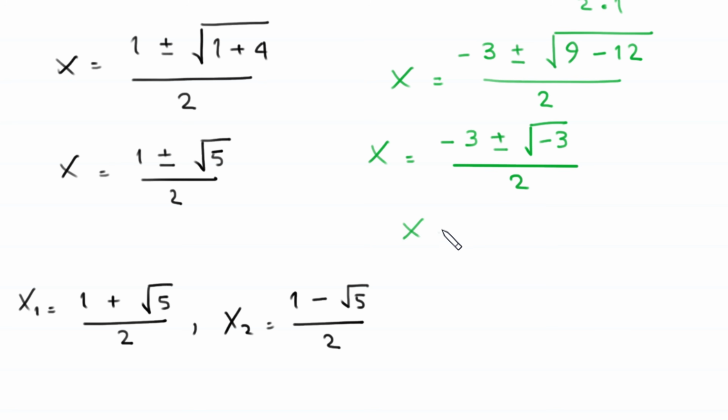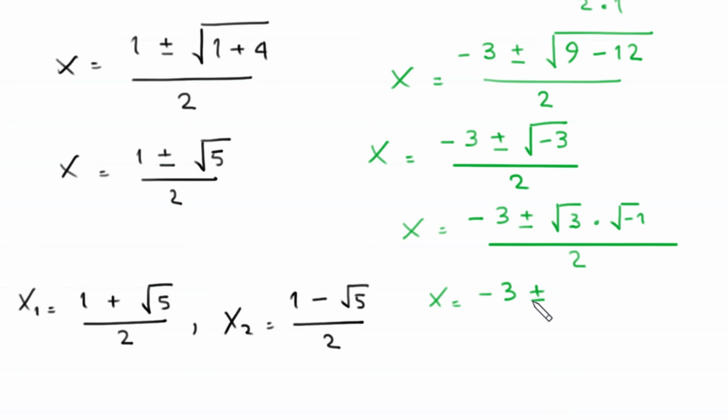Next, x is equal to negative 3 plus or minus, this root negative 3 will become root 3 times root negative 1, divided by 2. Next, x is equal to negative 3 plus or minus root 3, and this negative 1 will become i, divided by 2.